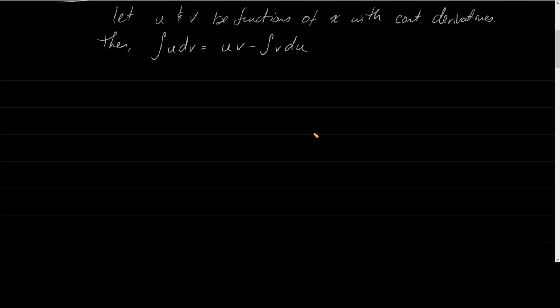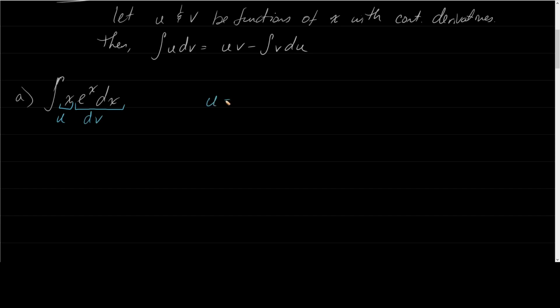First, let's start with a quick example: the integral of x e to the x dx. I'm going to start by splitting this up. I've got a product of these two things. The first part is going to be our u, the second part is going to be our dv.